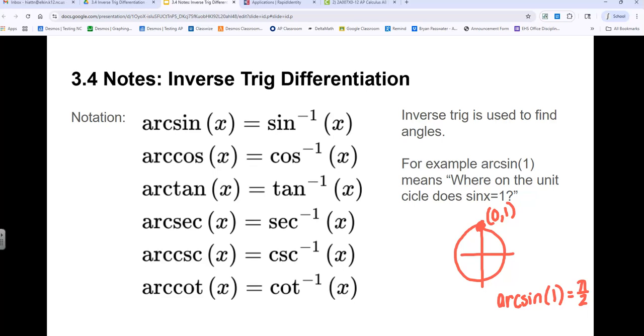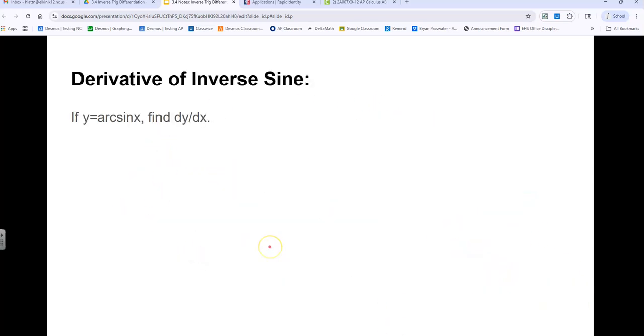Usually if it's a problem where we're actually plugging in a number, then domain will usually be restricted. A lot of these problems we won't even be plugging in a number, so it won't be necessary for us to do. Okay. So that's just notation right there.